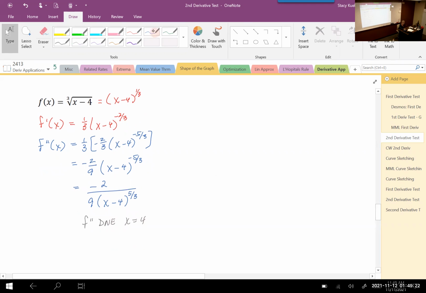Now we want to know if I set that second derivative equal to 0, is there an x-intercept? No, right? There's no x-intercept. So f double prime has no x-intercept. So the only critical value we're going to use in this case is that 4.